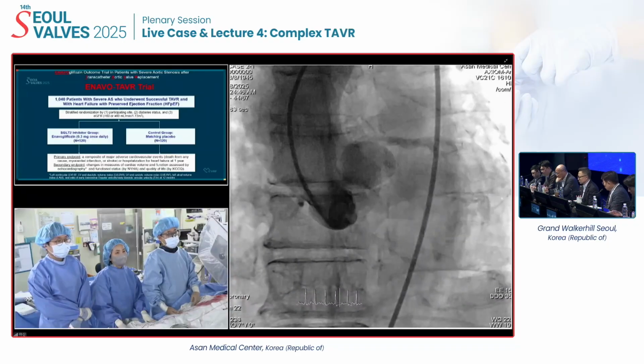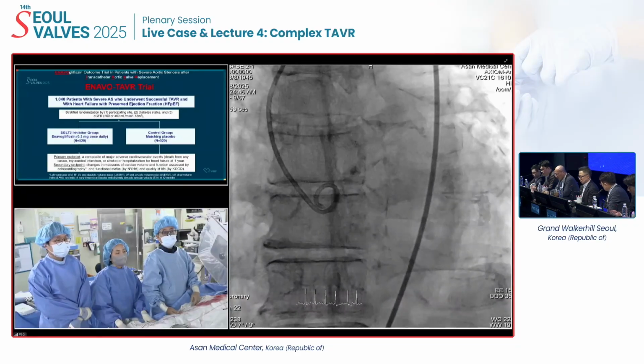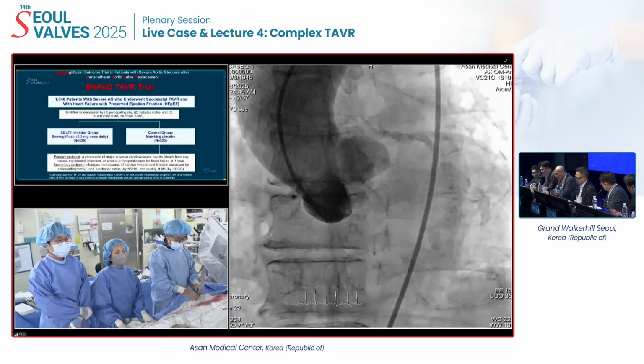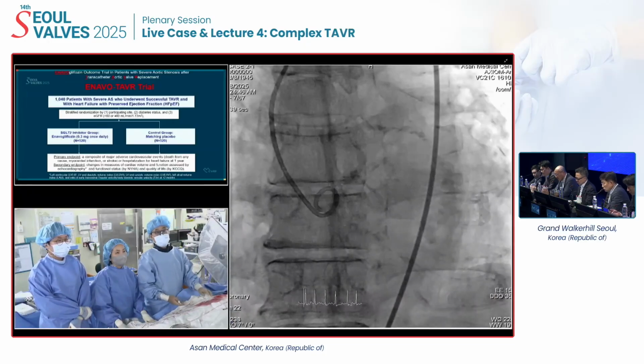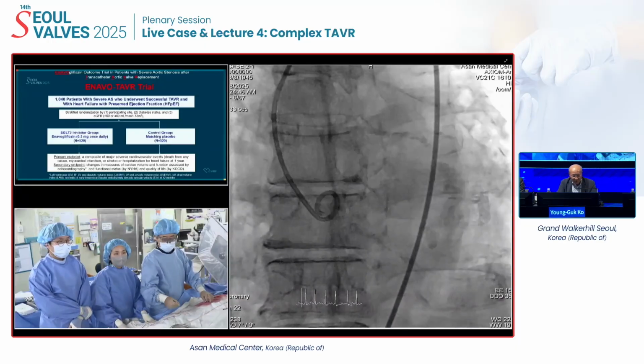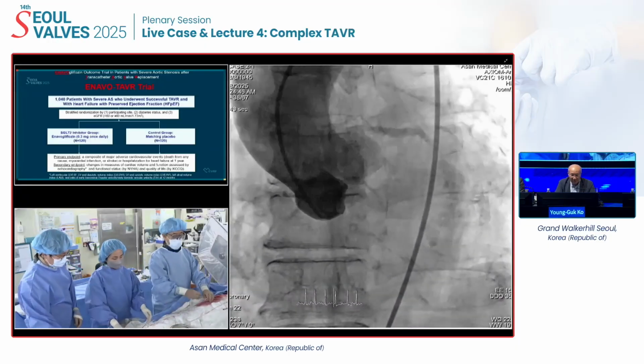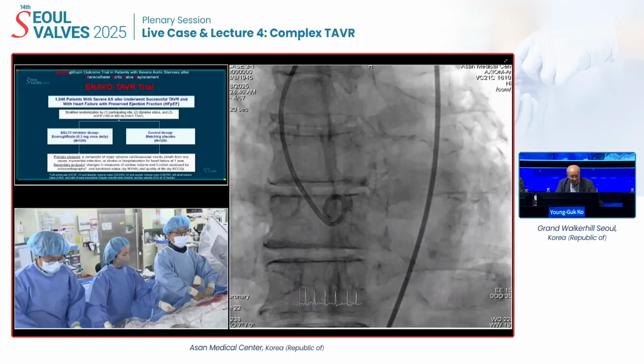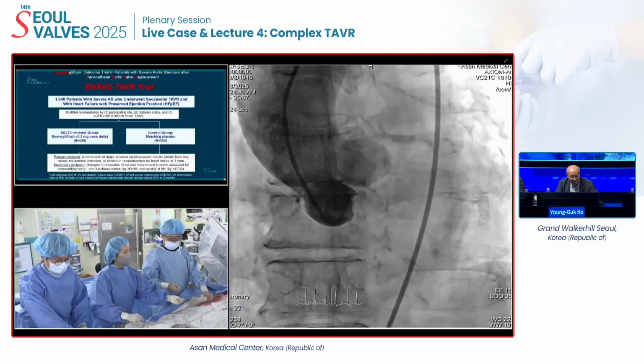But in this case, the calcification is mainly located at the tip of the leaflet, so I think we can do the TAVR procedure without predilation, in order to reduce the risk of cerebral embolization.